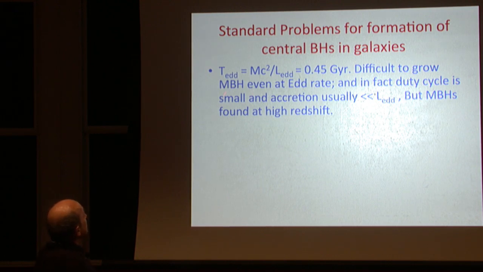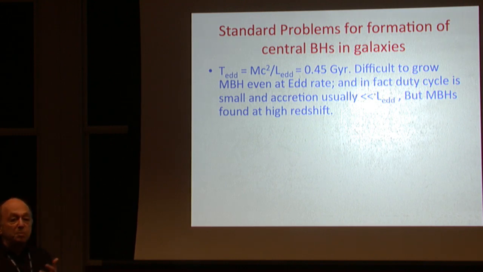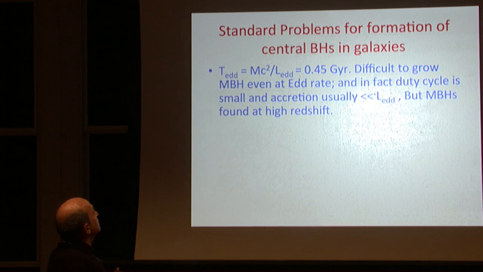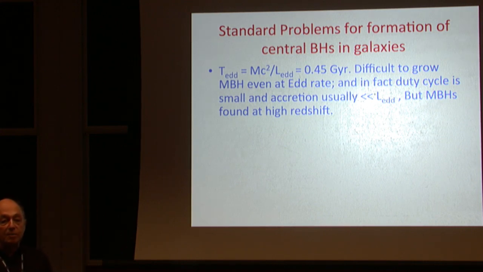But there are very few that are accreting at more than the Eddington rate. So the Eddington time is half a gigayear, and the duty cycle is in fact a few percent, i.e. most black holes are very, very quiet. So they're not accreting at the Eddington rate, so it's very, very hard to grow them. But they're found at high redshift. So this is the classic problem of how do you make them in the time available.